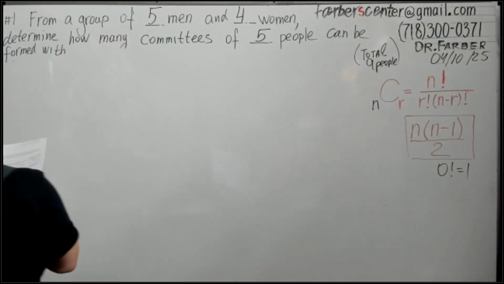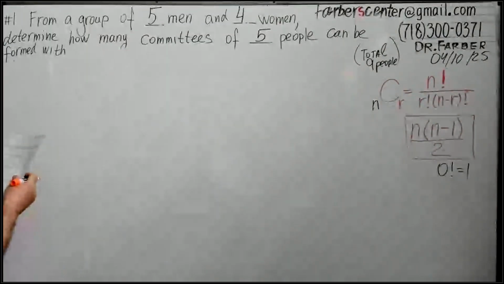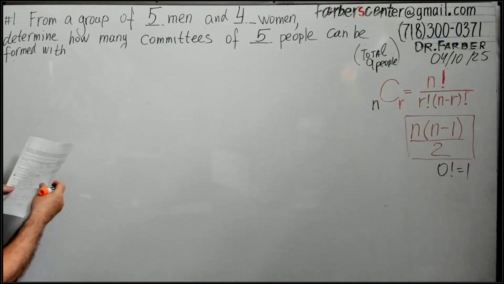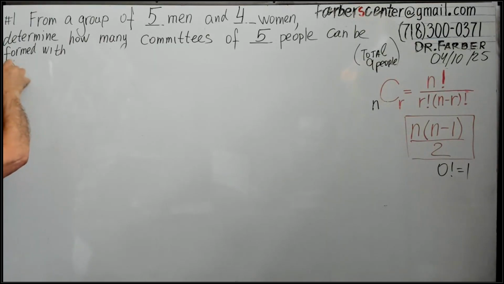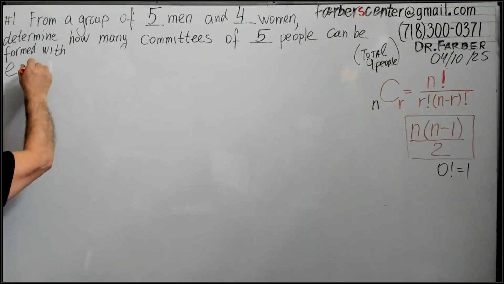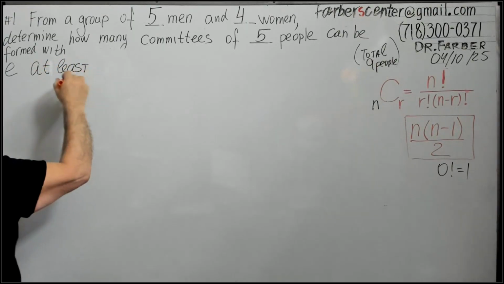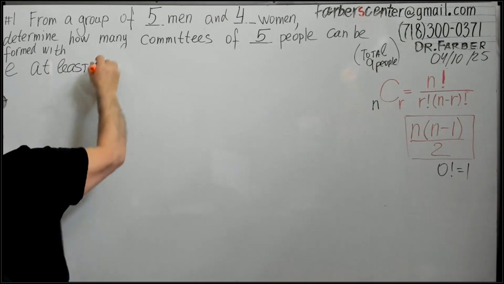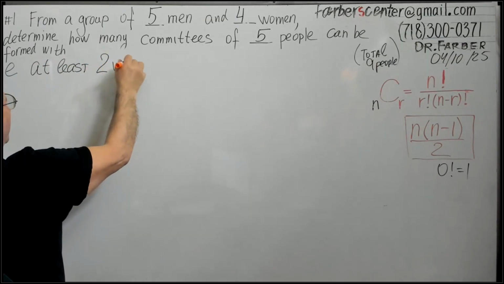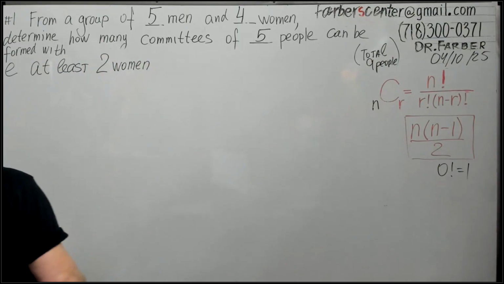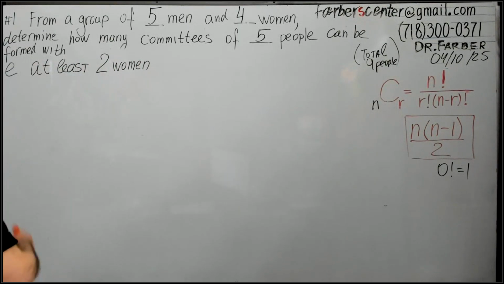So I did D with you, now E, not too many left, a couple more. E, the question is at least 2 women. They like this, at least, at most. 2 women.